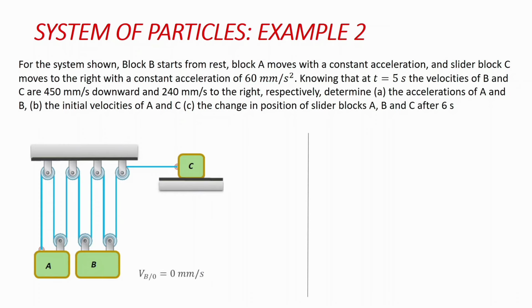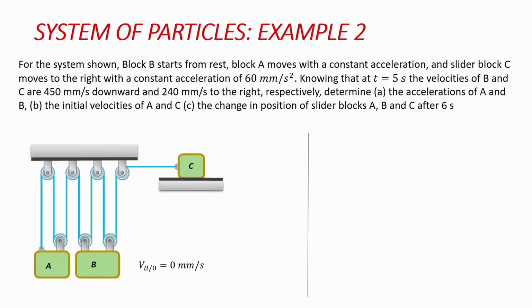So we're going to look at another tweak to this question. We're told that for the system shown, block B starts from rest. When you hear that block B starts from rest, that indicates that the initial velocity is 0. And block A moves with a constant acceleration.